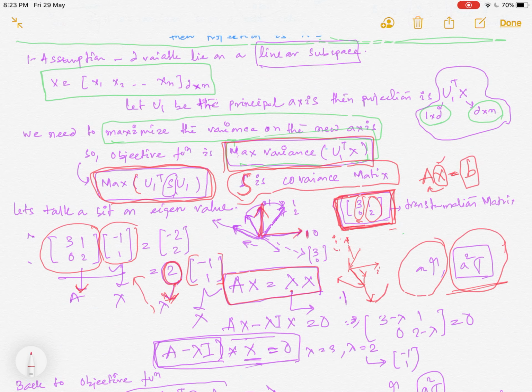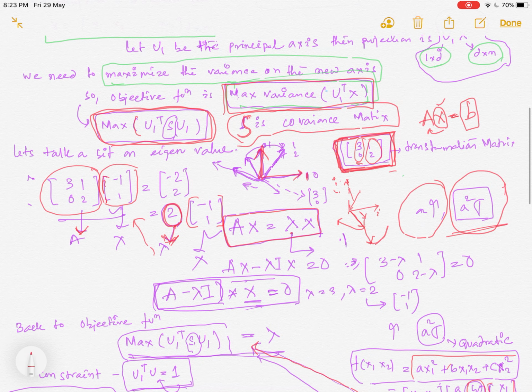So let's say that we did not know that (-1, 1) is the eigenvector. Let's see if we can find it the reverse way. From our equation Ax = lambda x, we just shift lambda x onto the left hand side and say Ax minus lambda I x. We multiply by this identity matrix because we will be doing matrix subtraction.